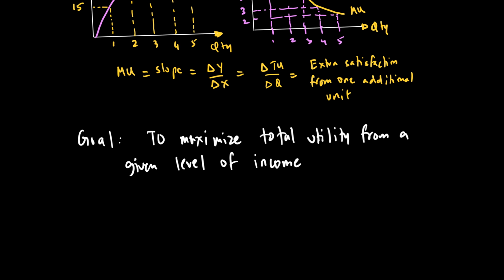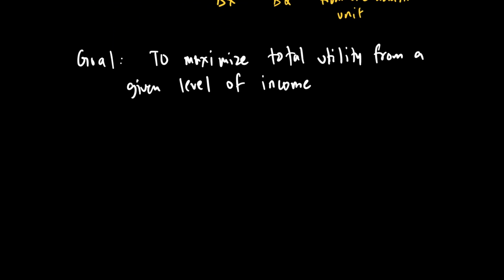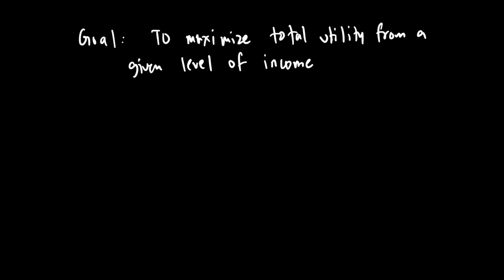The way I spend my money should be done in a manner that maximizes my total satisfaction from the money given to me. And the way a consumer maximizes total utility is through what we call the Equi marginal principle.